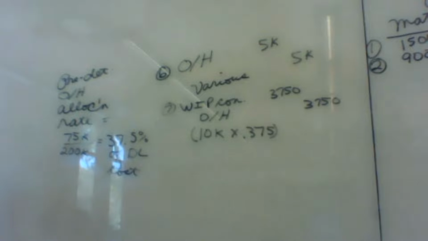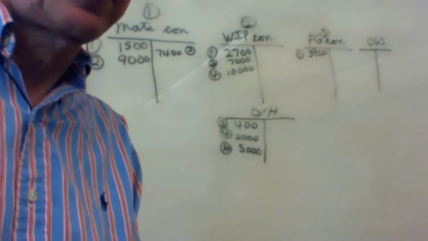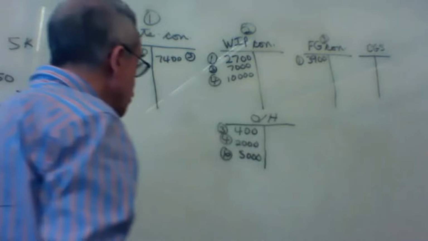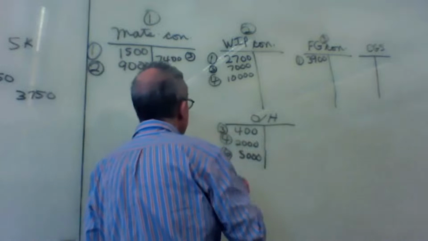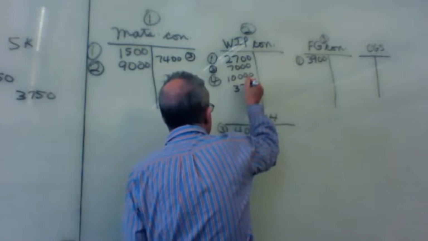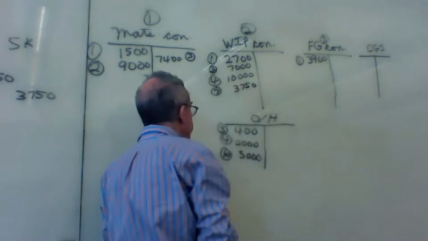Questions so far? Let's go ahead and post that. So we just increased work in process by $3,750 from journal entry number 7.